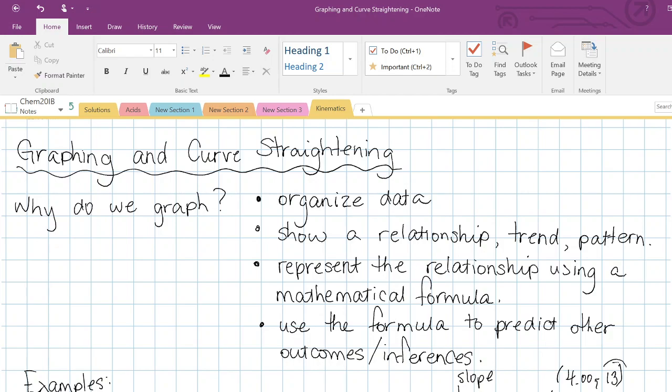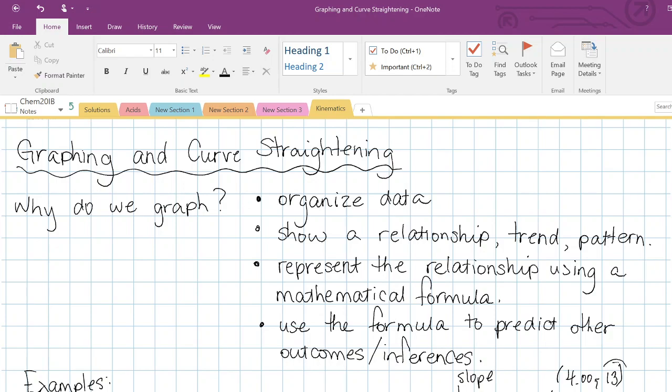So it allows us to organize all of that data. It's much easier to see how data is behaving when you look at it in a picture representation like a graph versus looking at it in a data table where you can just see all these numbers, but you may not necessarily be able to pick out what's happening with those numbers. So that's the main reason that we graph, is to see that relationship, that trend in your data.